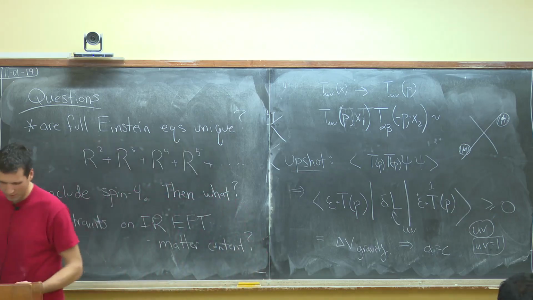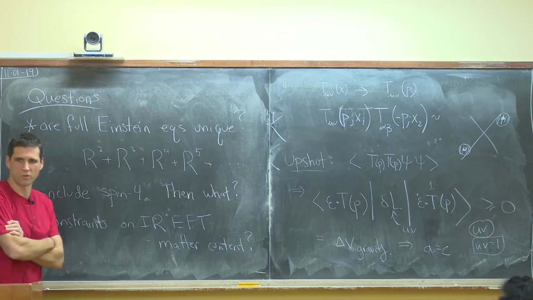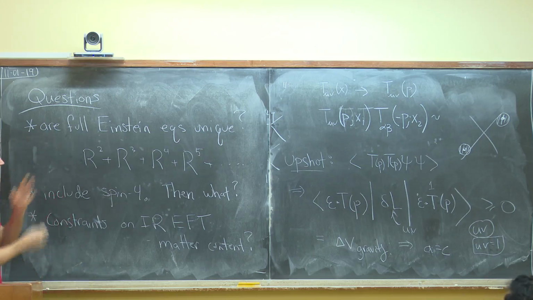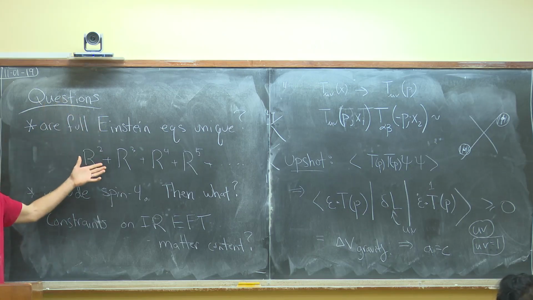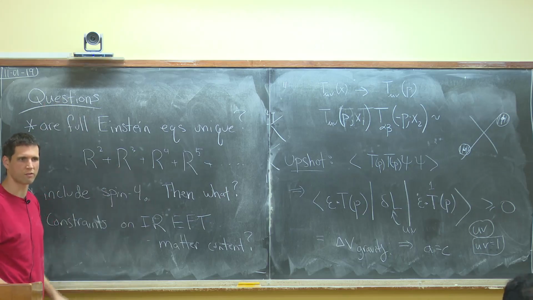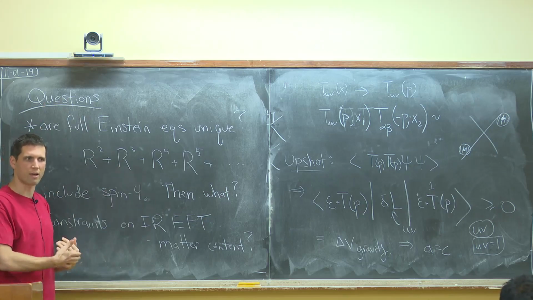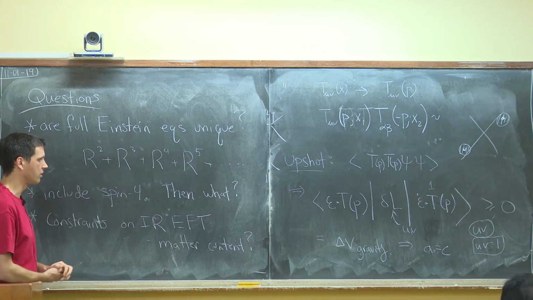The last question I'm writing is whether you can use any kind of similar tricks to derive constraints on the infrared effective field theory. In other words, not just on graviton scattering. These were about graviton scattering, but more generally, are there constraints on the infrared effective field theory, constraints on the matter content from consistency in the UV?